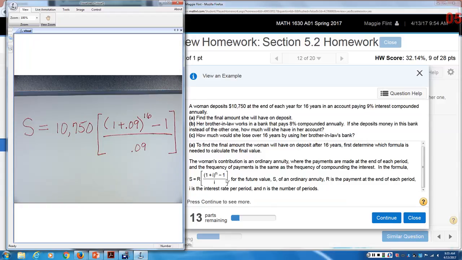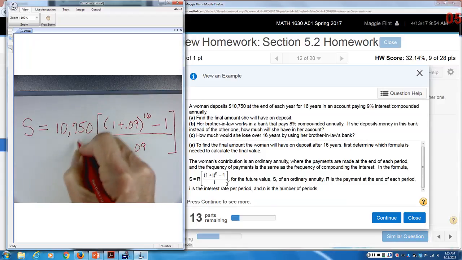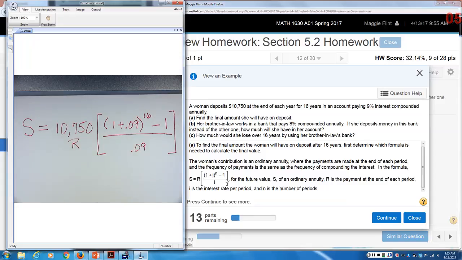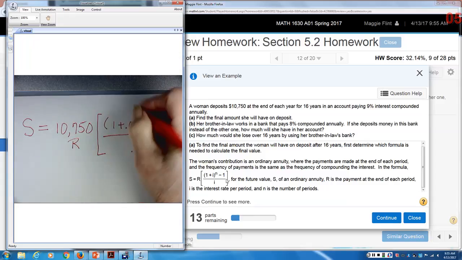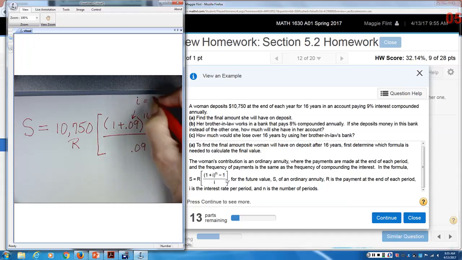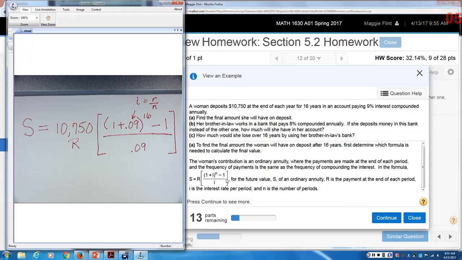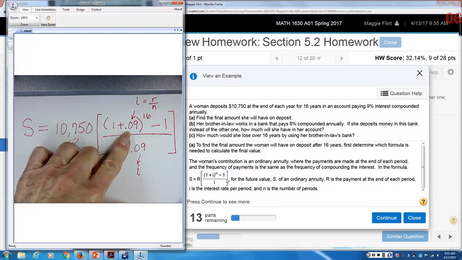What it is, just to make sure you're identifying everything, this is R. This is I, which is equal to the rate per year divided by the number of times per year that you compound it. And this is that same I. And the reason it stayed 0.09 is because you're only compounding once a year.